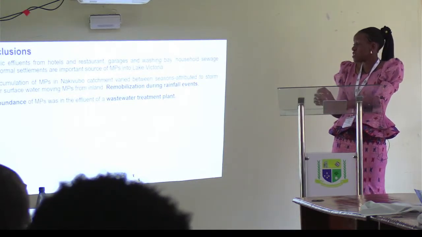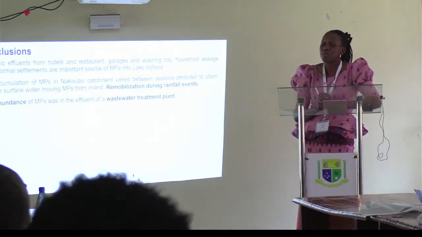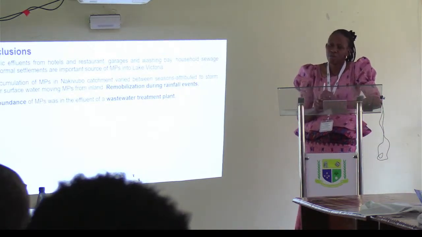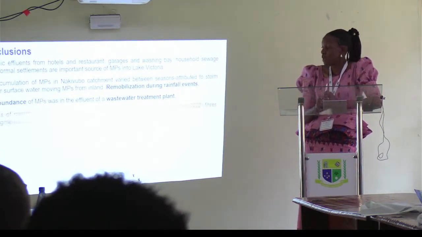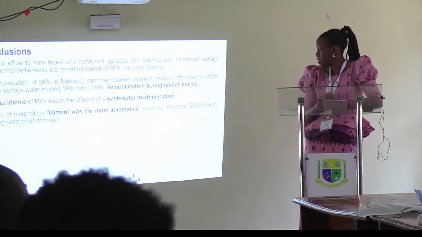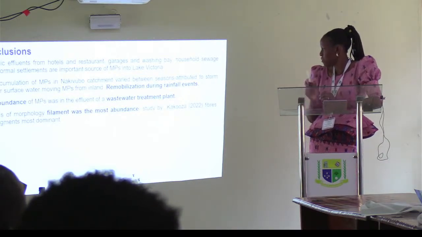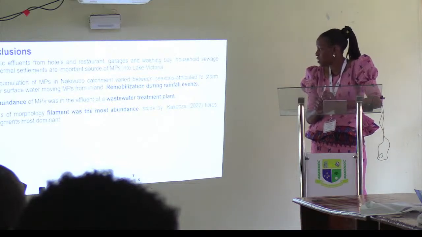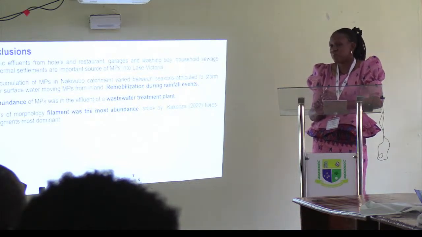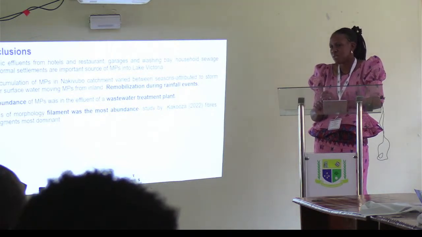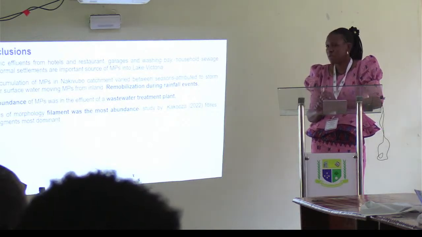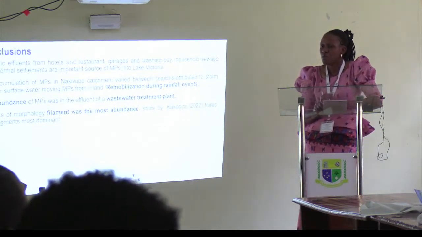At least the process is trying to get rid of some of the microplastics which would end up in the water. Our study was also in agreement with one of the studies by another scientist, Kalkoza, who found filaments to be one of the most abundant types of microplastic within the water.